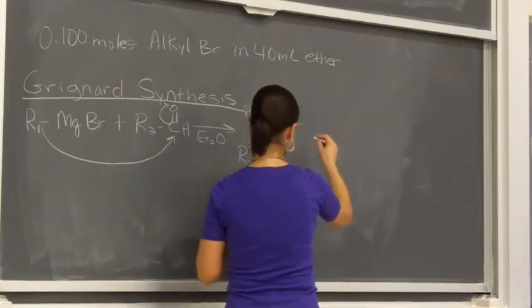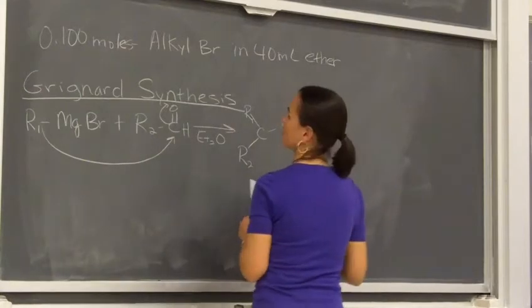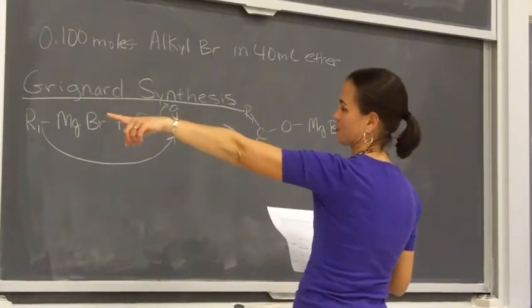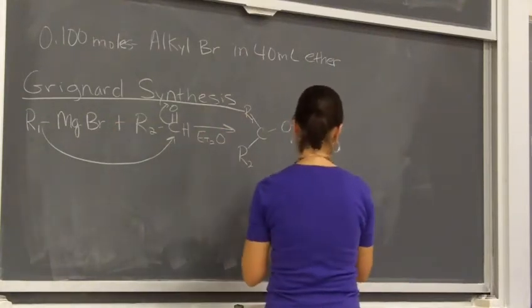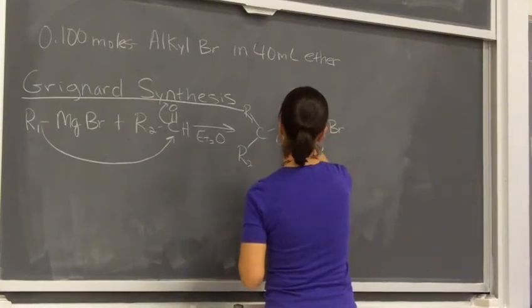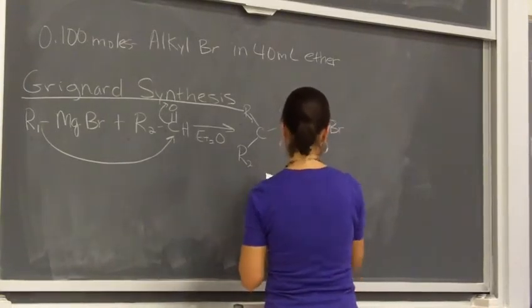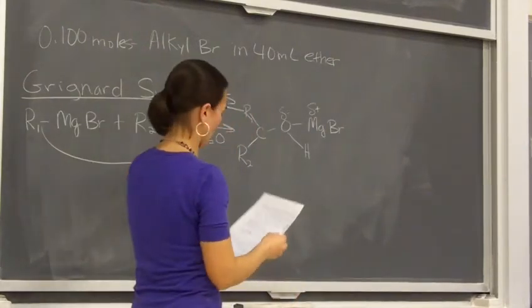Now we've got both parts on here, and now we're going to have the partial negative charge on the oxygen and still a partial positive charge on the magnesium, and then we still have our hydrogen here, okay?